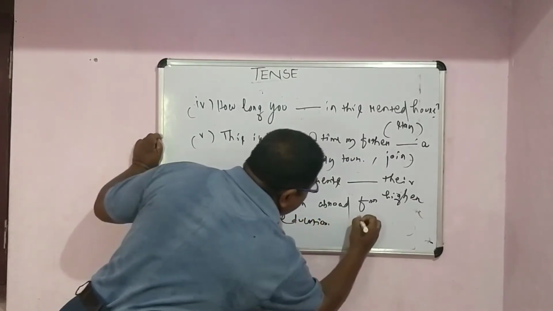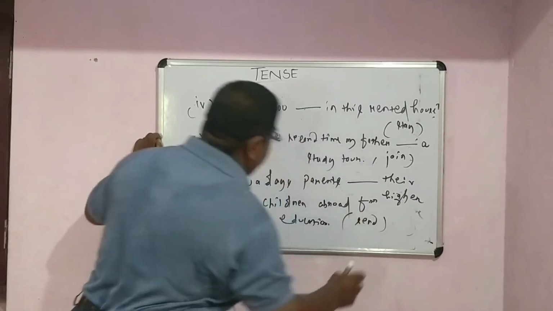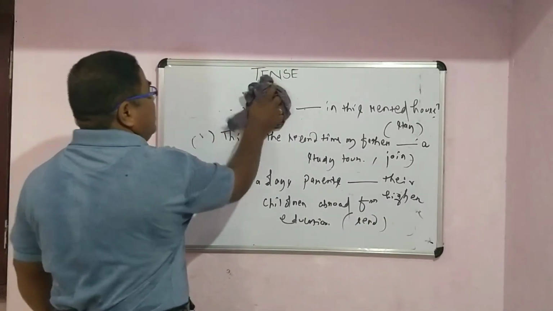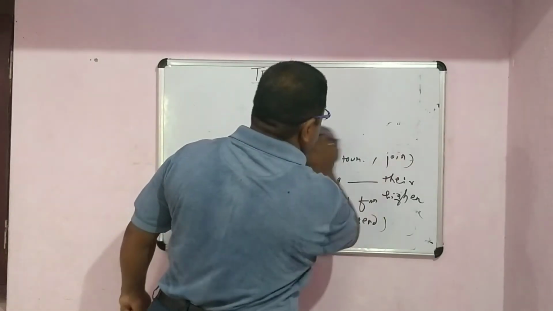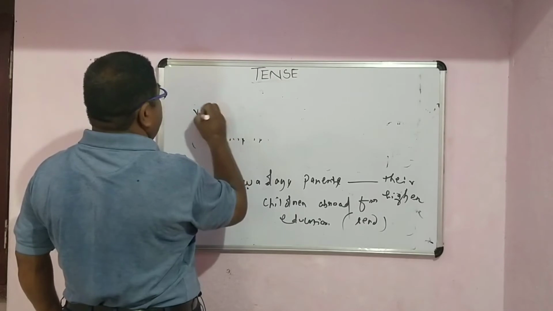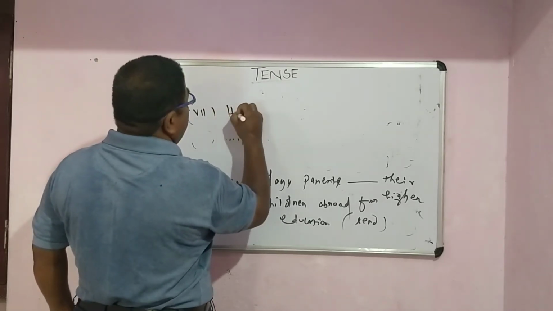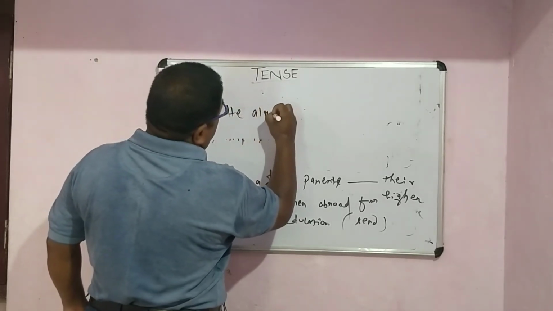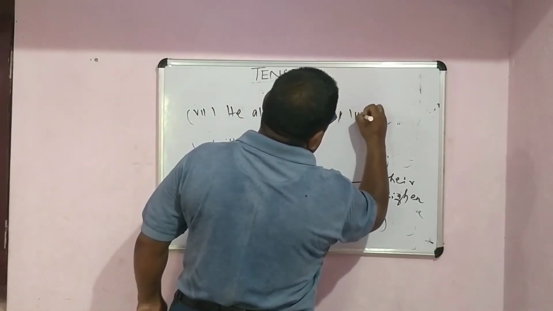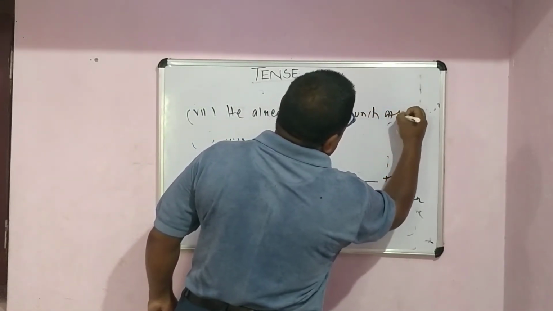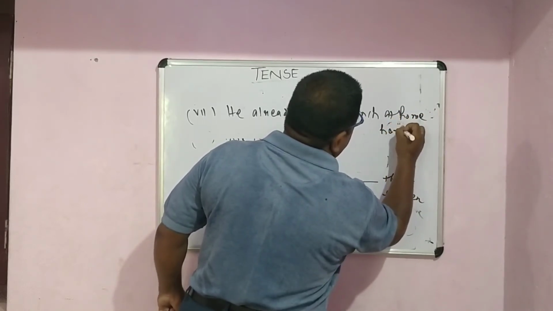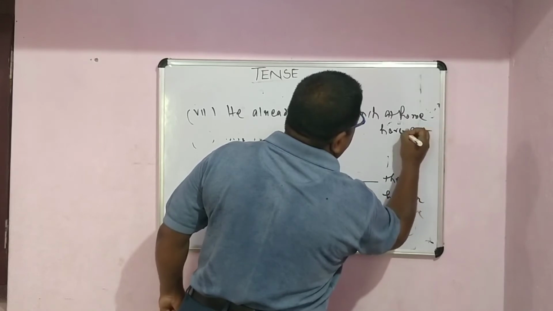Within the bracket, send. Question number 6 is over. Then question number 7. What will be question number 7? Next. He already dash his lunch at home. Within the bracket, have. Have means in the sense of eat. Remember.